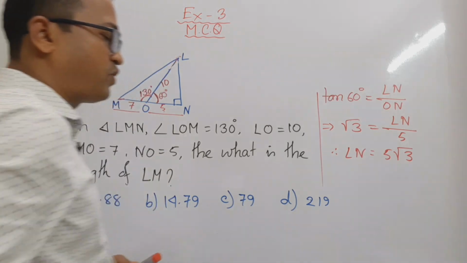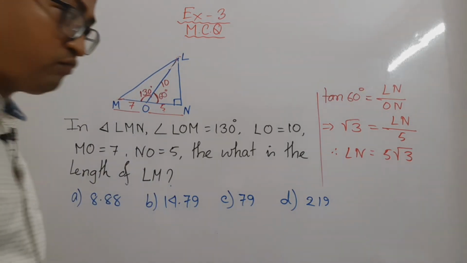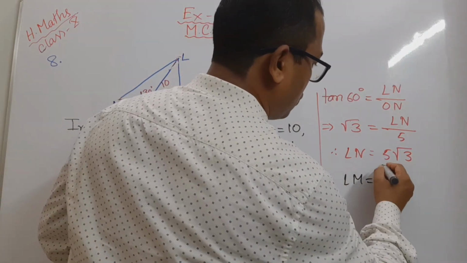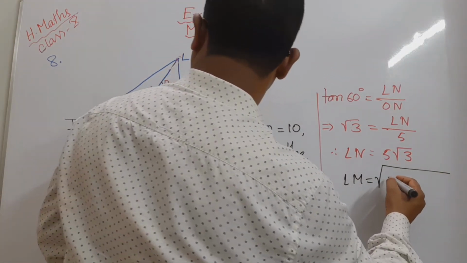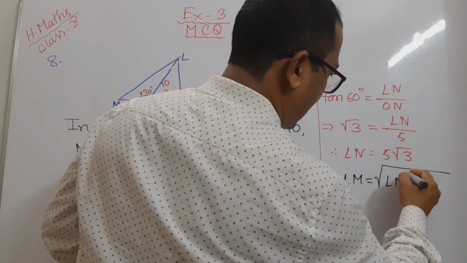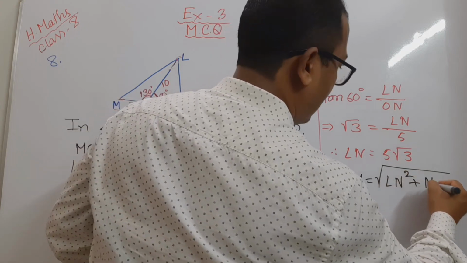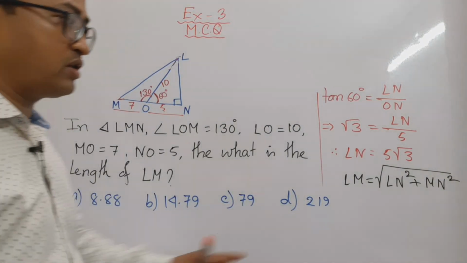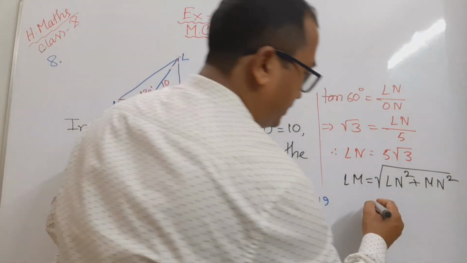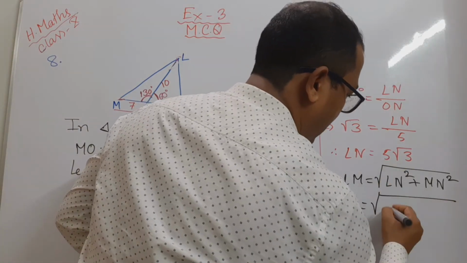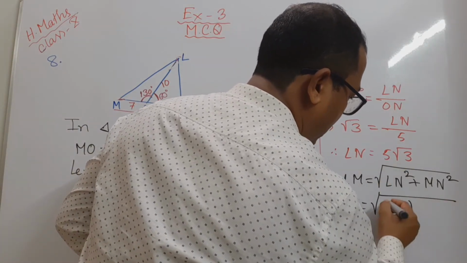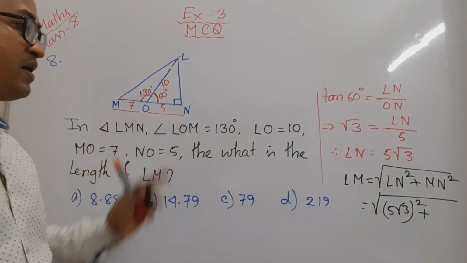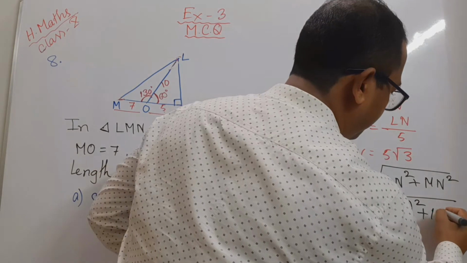We know LM is equal to root over LN square plus MN square. The value of LN, that is 5 root over 3 square, and the value of MN, that is 7 plus 5, 12 square.